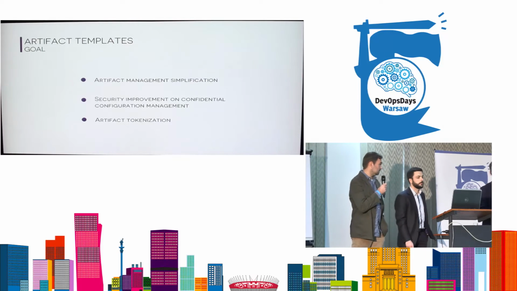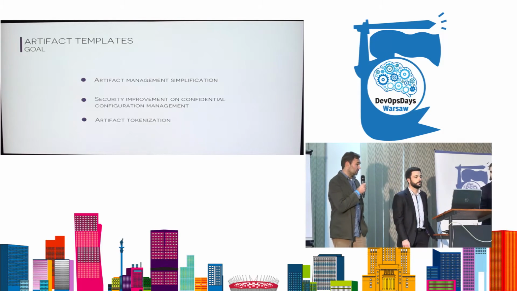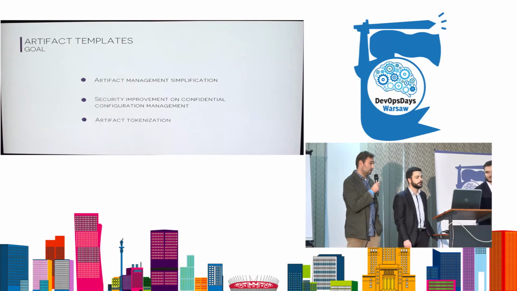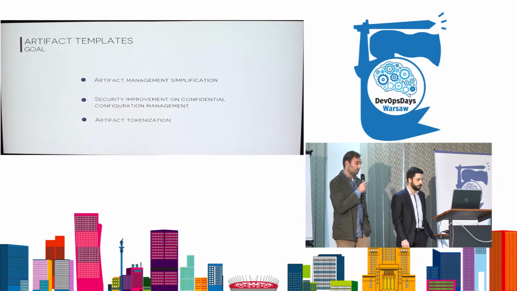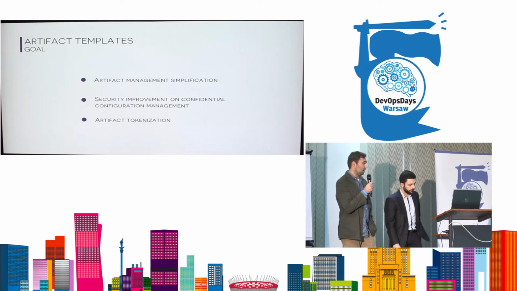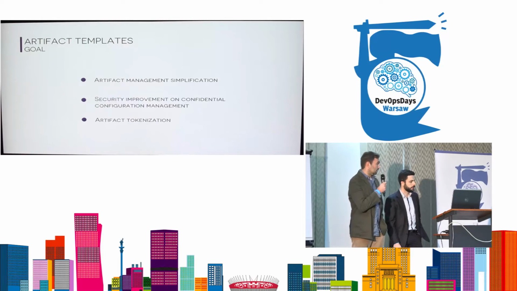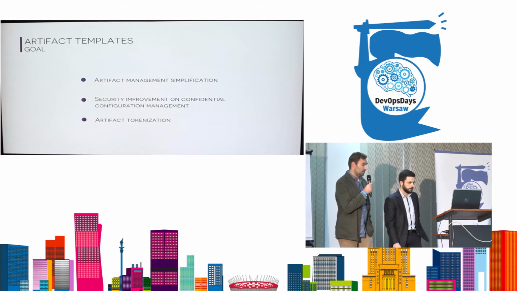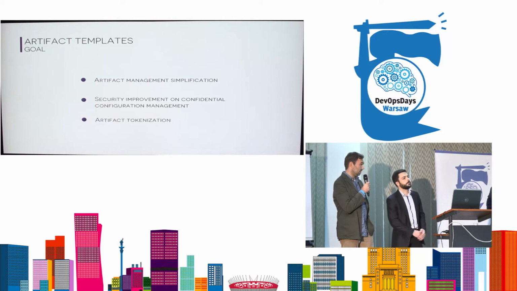So this also is related to separation of some security information, some confidential information, and also very often that kind of information, as Sebastian said, can be part of the static configuration files or deployment files. So we're looking for separation of that to a different location. And the final action and the goal is artifact tokenization, which allows us for dynamic processing of templates.